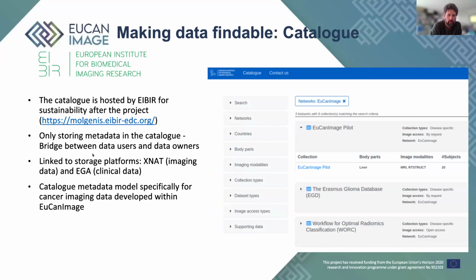So at the moment it's hosted by IBER. We store metadata here about all the collections or data sets, if you will. And from this, we link to the different storage tools. So for imaging, XNAT, and for clinical data, EGA.